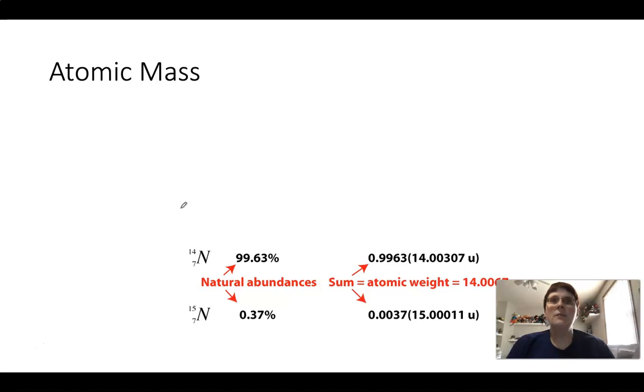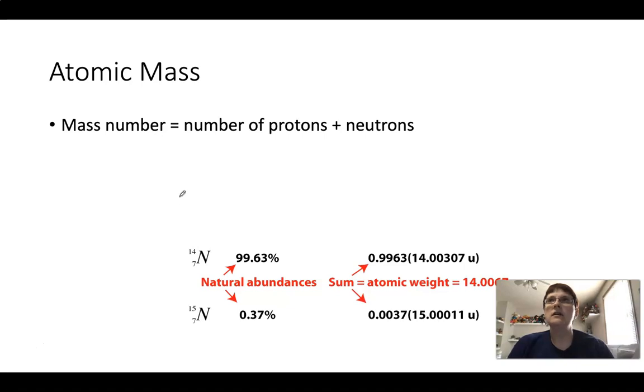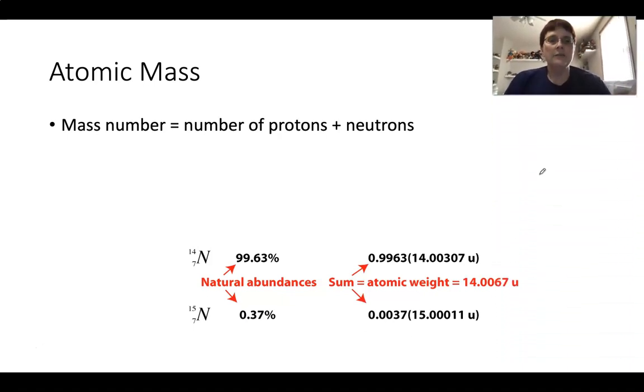One last thing to talk about in this video on atomic mass is how we get those mass numbers. If you look at the periodic table, you'll notice that the mass numbers are almost all decimals, like this one. We just saw that the mass number is equal to the number of protons plus the number of neutrons. But why are they decimals?